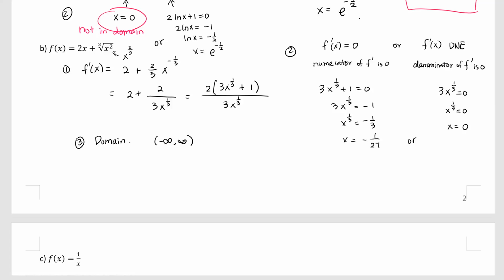All real numbers. So that's why we say the critical points are x equals negative 1/27 and x equals 0. So we have 2 critical points.